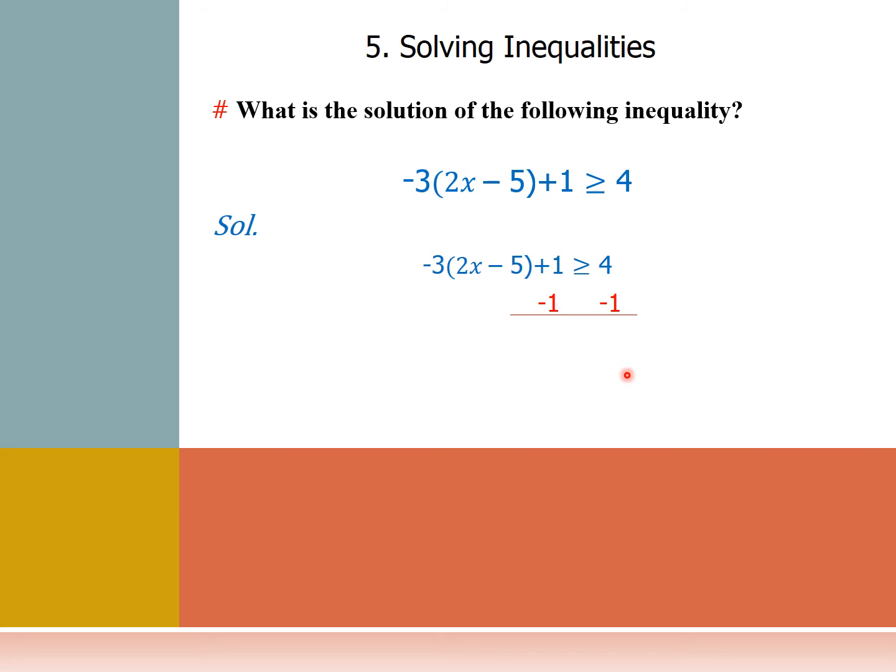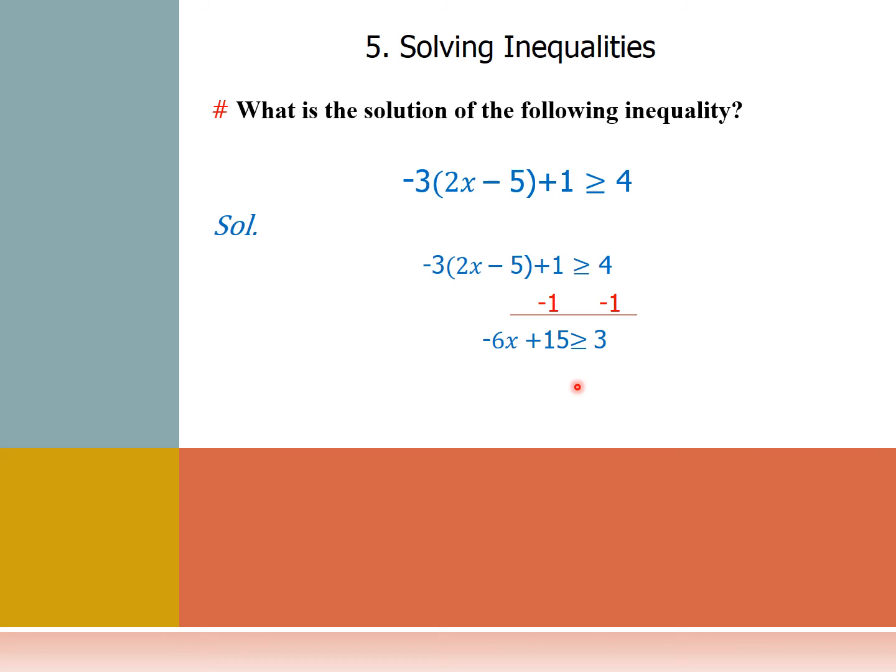We also distribute negative 3 over each part of this expression. We have negative 6x, positive 15, because negative 3 times negative 5 is positive 15, is greater than or equal to 4 minus 1, which is 3. So we have negative 6x plus 15 is greater than or equal to 3.